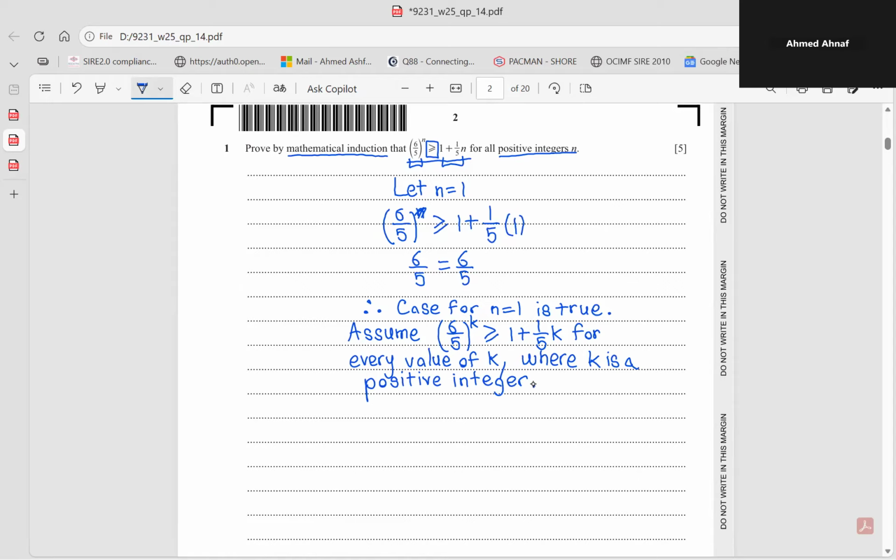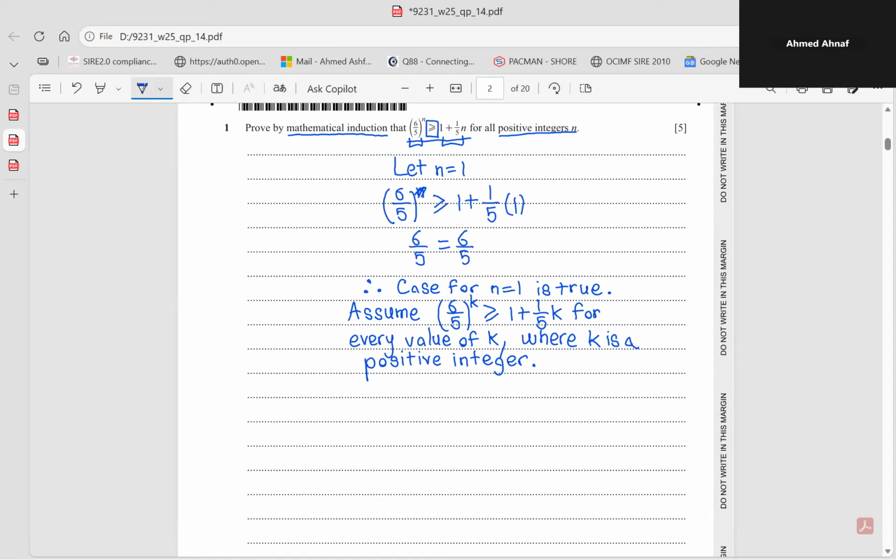So that would be all for the second step. And now for the final and main step, okay, is to let n equals to K plus 1.